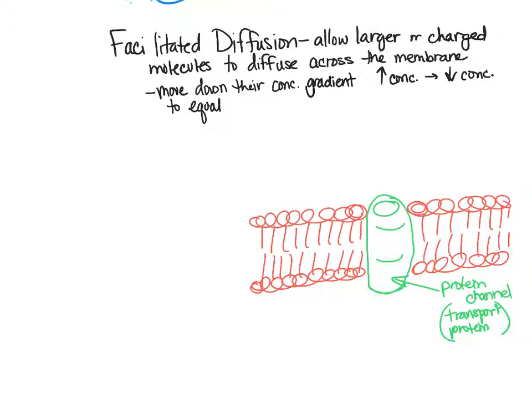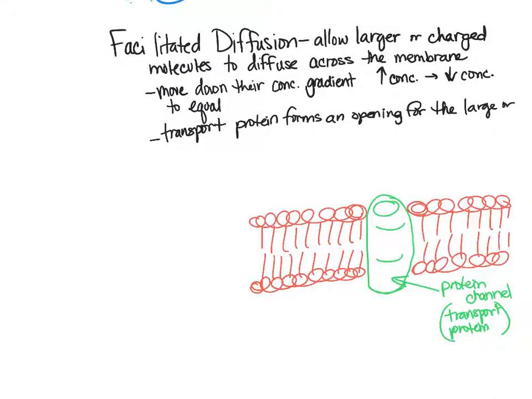Now in this case, now we are requiring a transport protein to form an opening in the plasma membrane. So the transport protein forms an opening for the large molecule or charged molecule to travel through.